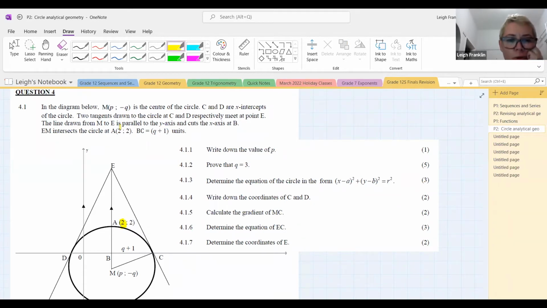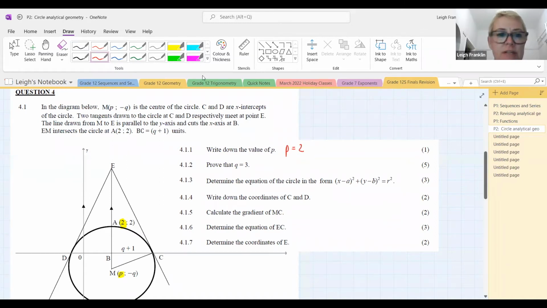So question 4.1.1 asks us to write down the value of p. So what's p equal to? p is equal to 2, precisely.